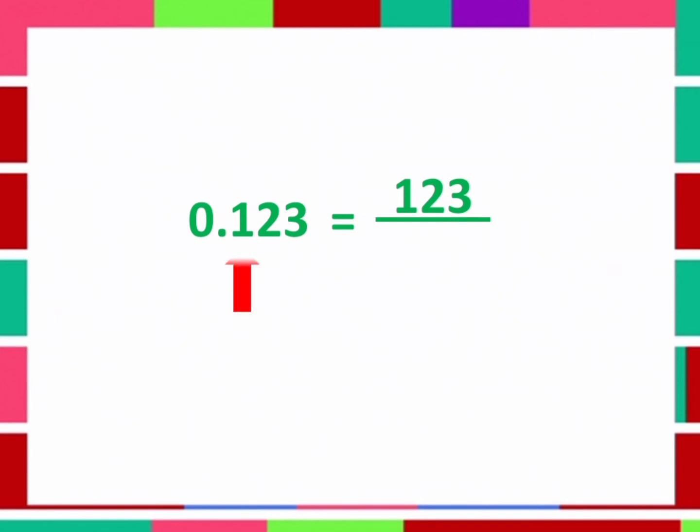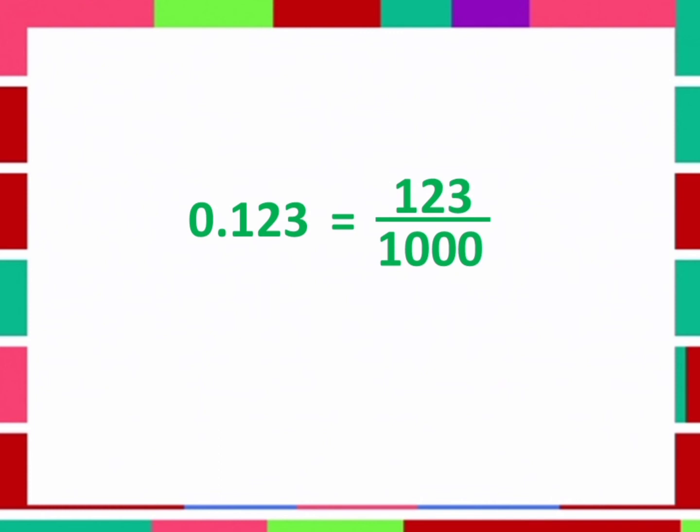Next is 0.123. Again, 123 will be the numerator. And name each digit as tenths, hundredths, thousandths. So therefore, 0.123 is equal to 123 over 1,000.